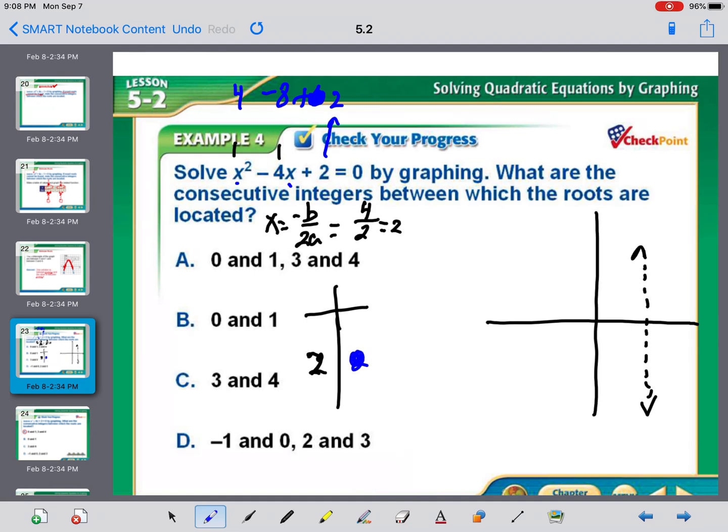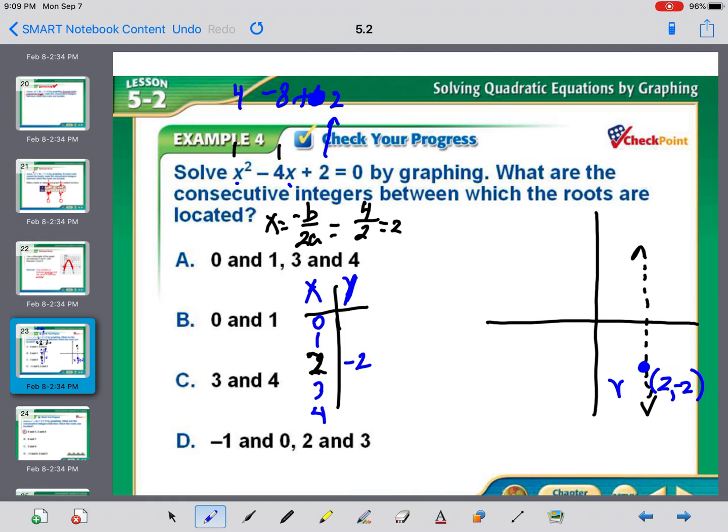It doesn't look right. Where'd I get the 6 at? That's a 2. See? The 2. So that makes that a negative 2, and that's better. So that's my vertex here at 2, negative 2.